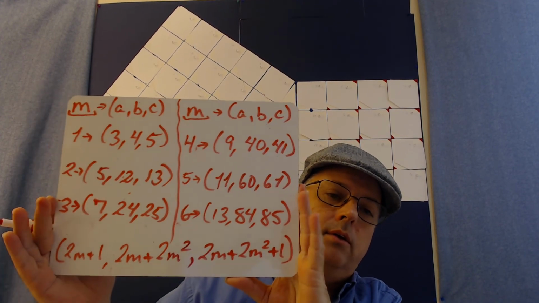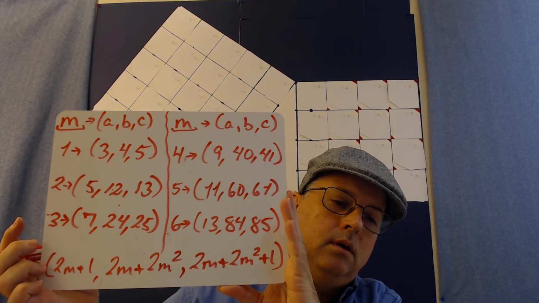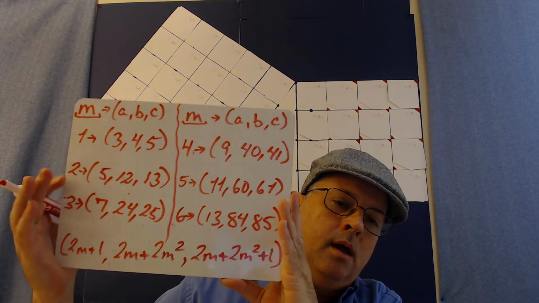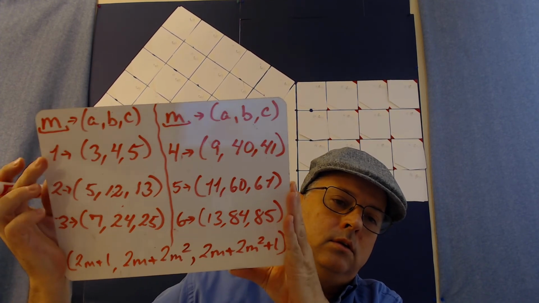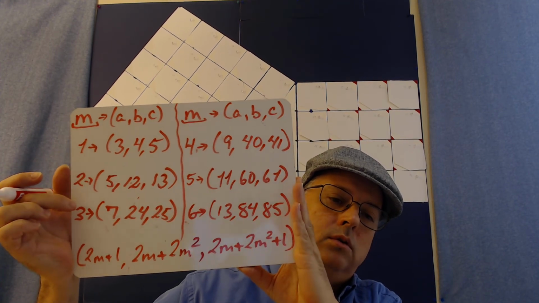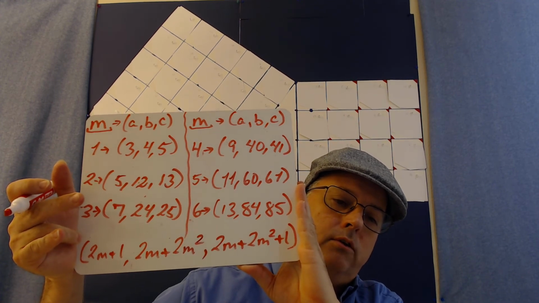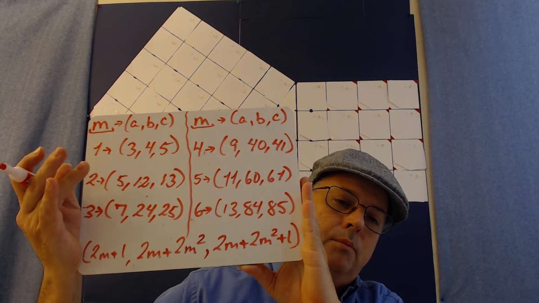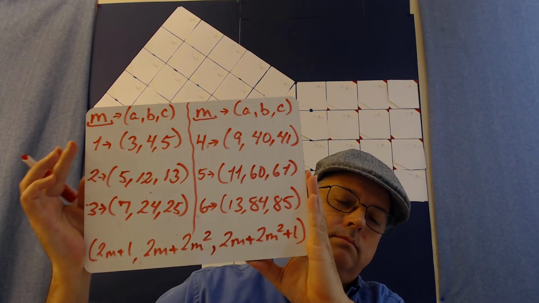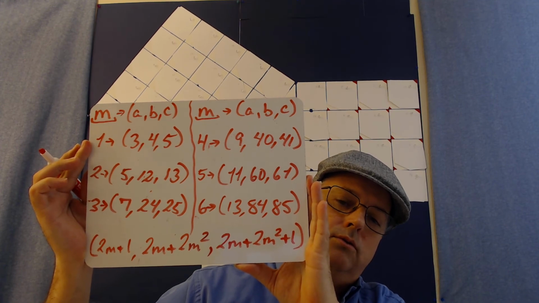All right, so check this out. Here is our Pythagorean generating formula at the bottom here. And that formula is based upon these m values. And if you run these m values through this Pythagorean generating formula, you would come up with these Pythagorean triples. And so you can do that on your own just for fun, right? Math is fun. And see that that all works out.